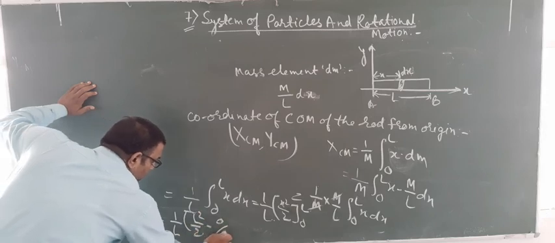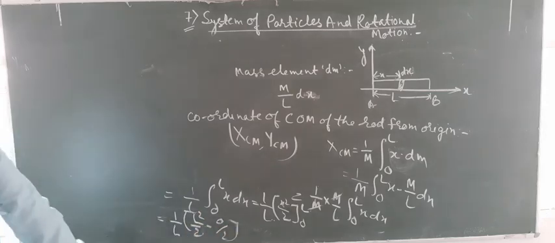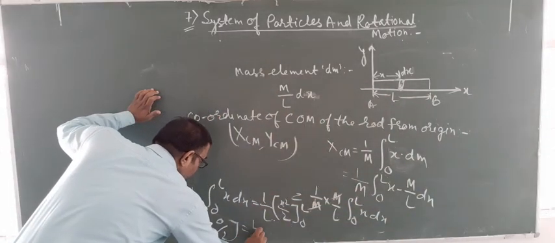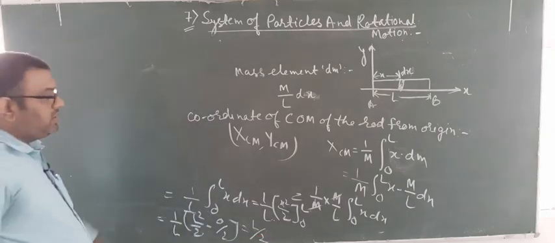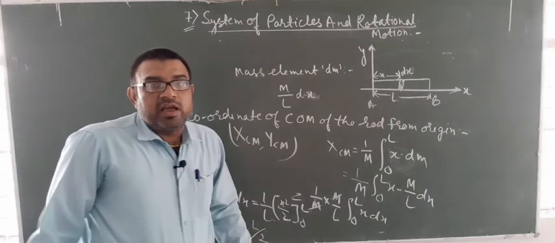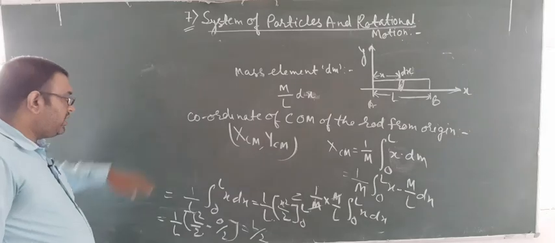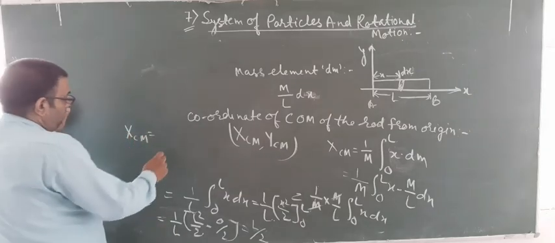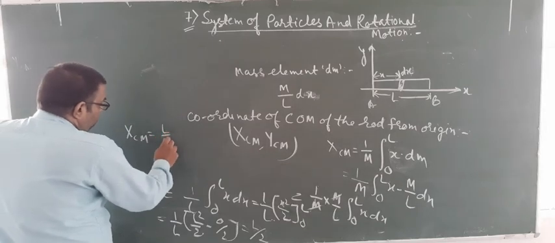It is equal to 1 upon L into L square upon 2 minus 0 upon 2. Now look here students, where is it located? It is located at position L by 2, so xcm of the continuous rod is equal to L by 2.